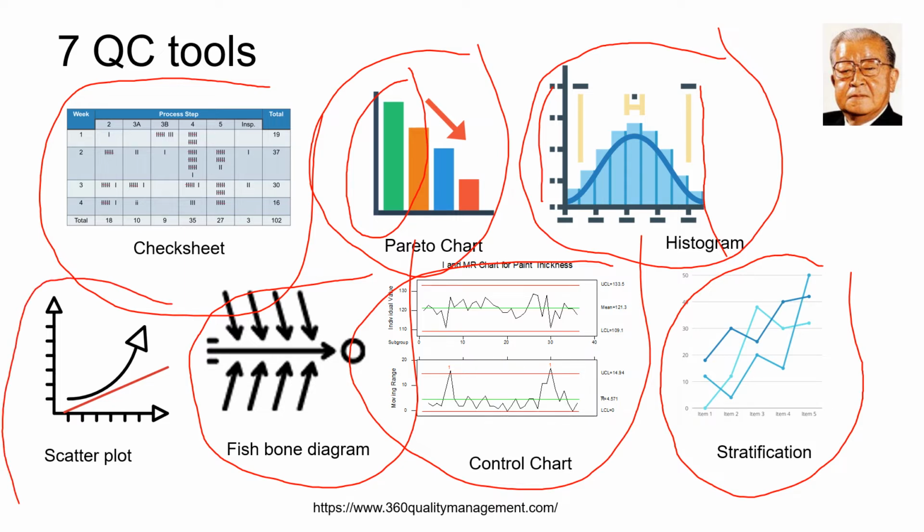And lastly, the scatter plot, which is a pair measurement of each item on a standard X and Y graph to check if there's any relationship between X and Y, to identify which variable could have an impact on the Y data of the process output.